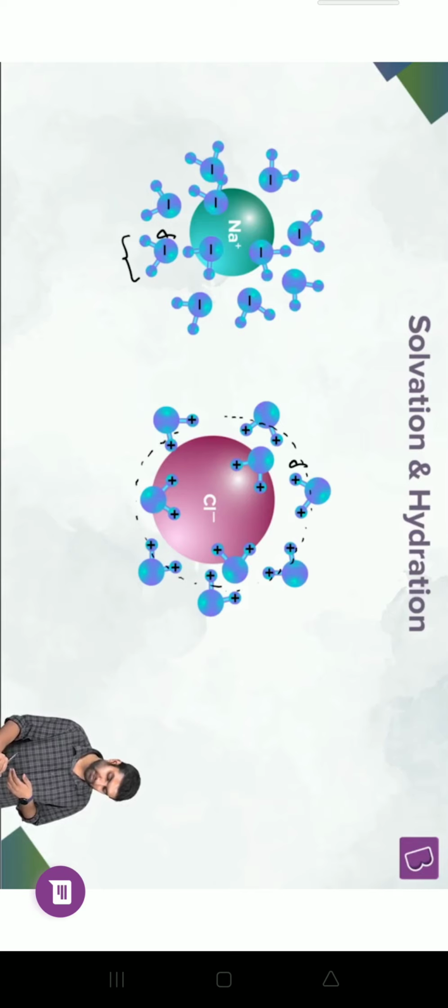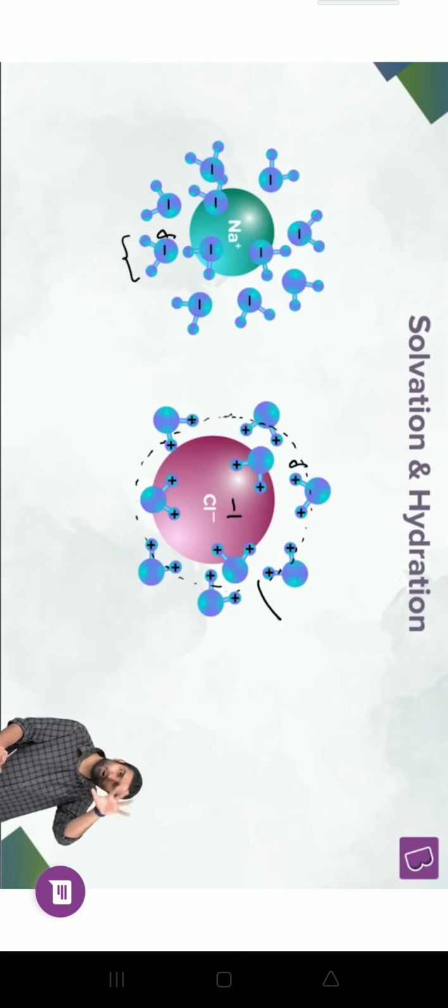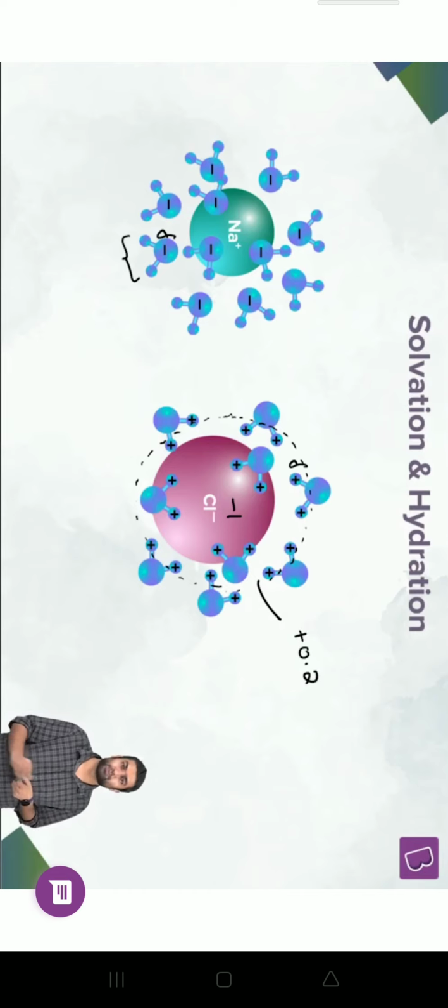If you consider this surface, the total charge of the Cl- is -1, but let's say because of all the delta plus of the H2O in the dotted circle, it is coming out as a summation of, let's say, plus 0.2.